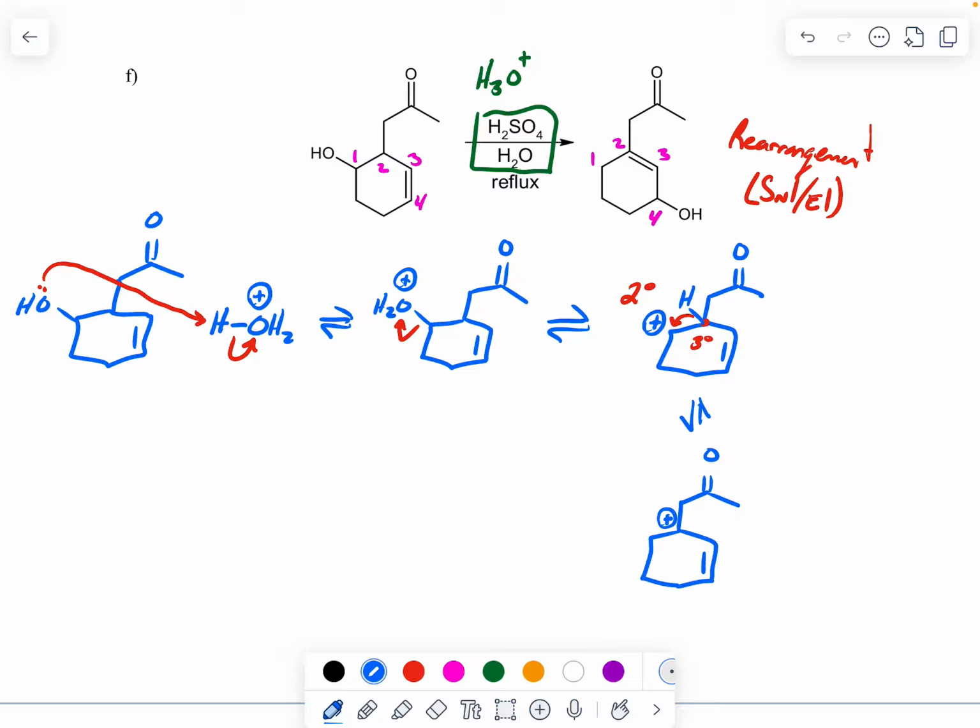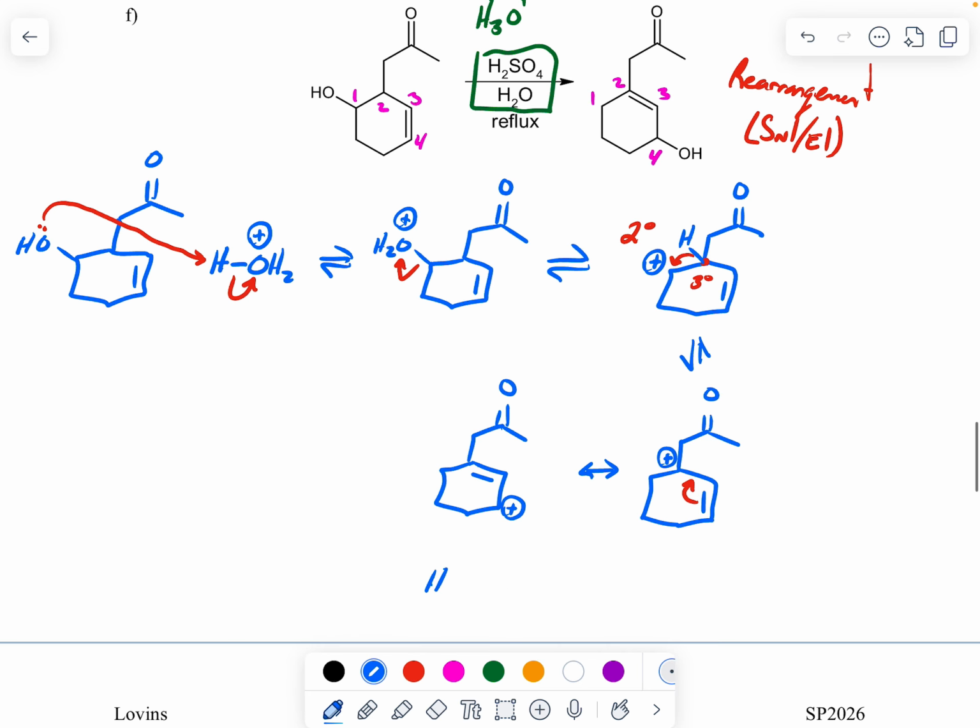In order to reach the product, we have to do something similar to a reaction that we did previously, where if we were to draw a resonance form here, we would see that we could actually end up with a secondary carbocation that is now reactive in the position that we want to install the alcohol.